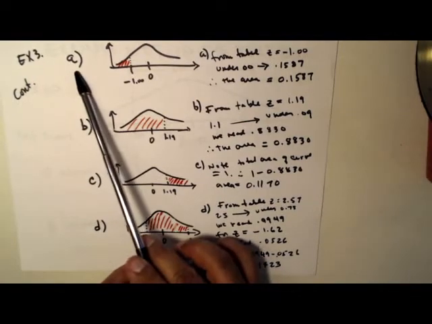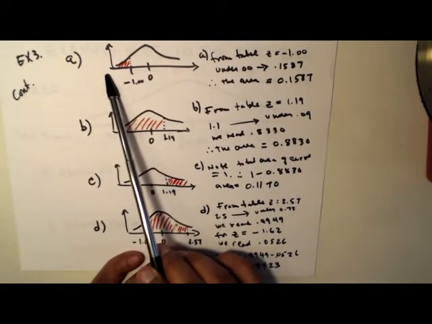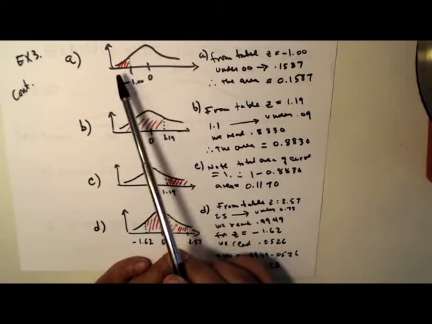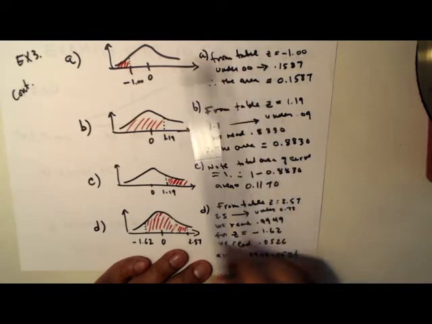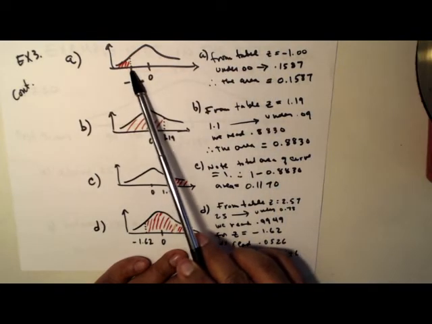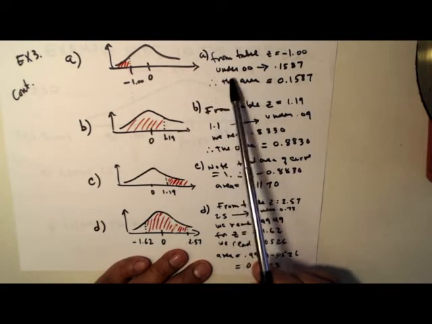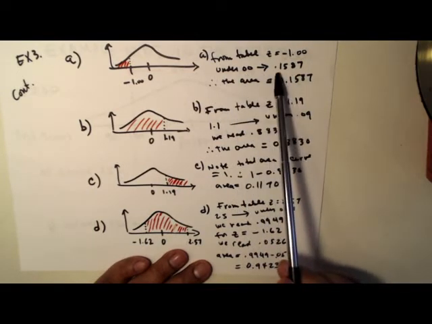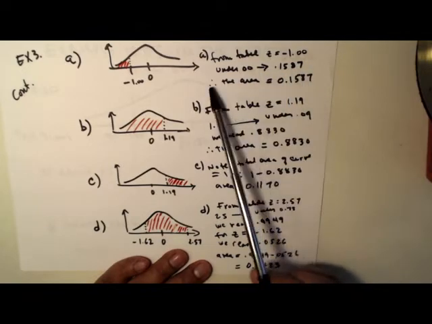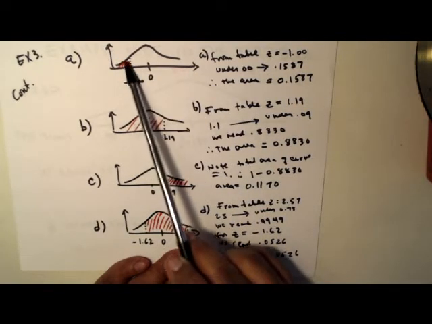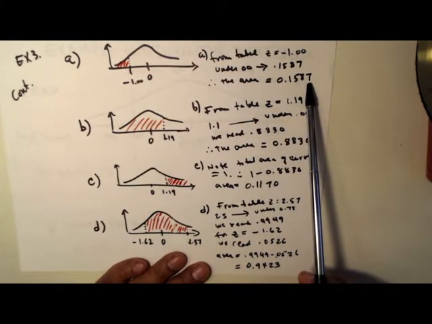For A, we have a minus 1 and it's to the left, so you need to use the table. And from the table, we are going to use the negative numbers. So Z is equal to minus 1.0. Under 0.00, we read 0.1587. Therefore, the area here is equal to this value. Okay.